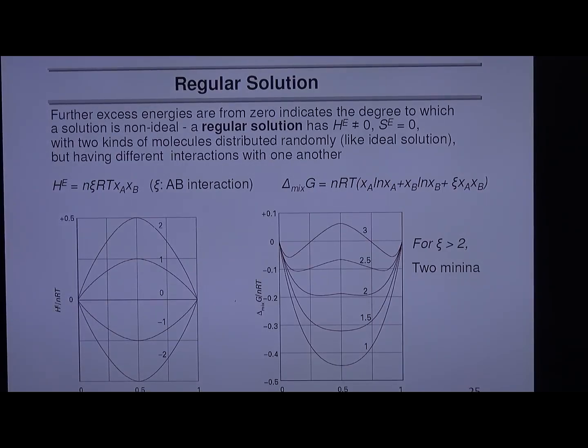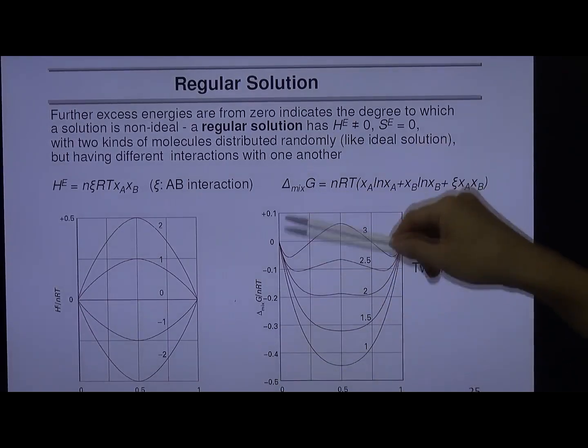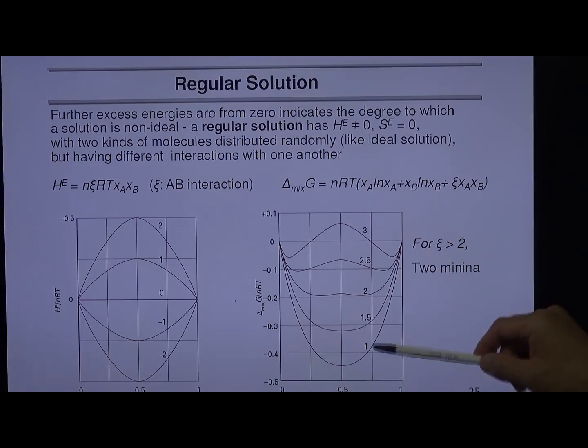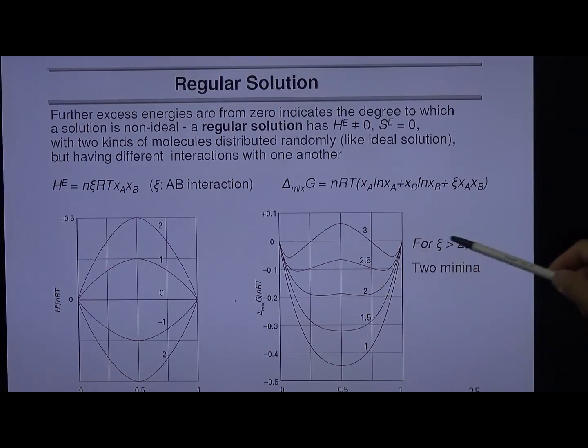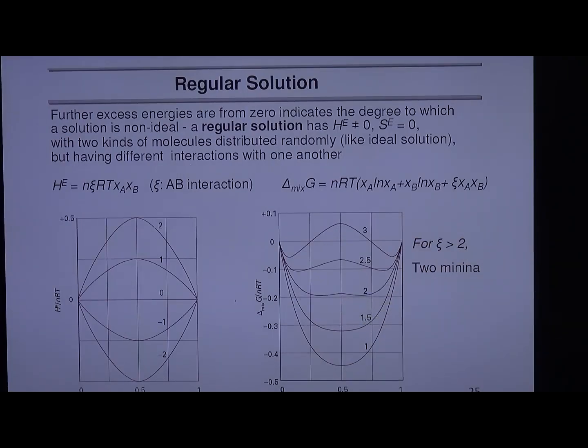And the interesting thing is, if you plot Gibbs energy of mixing for regular solution as a function of composition, you see a very interesting diagram, right? These numbers show this constant psi. If psi is low, Gibbs energy of mixing looks like this, same as an ideal solution.